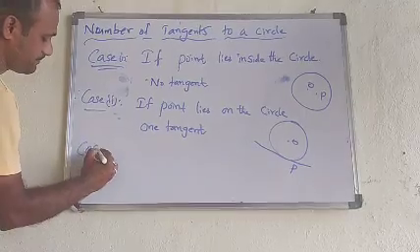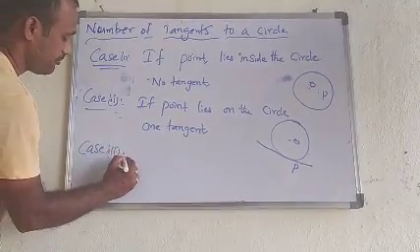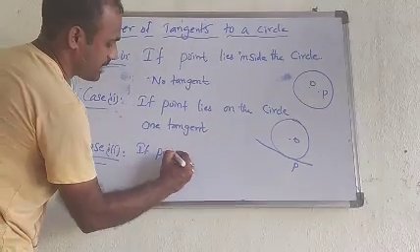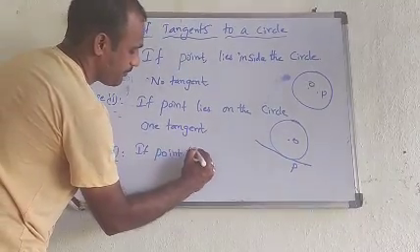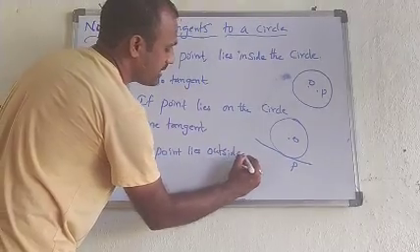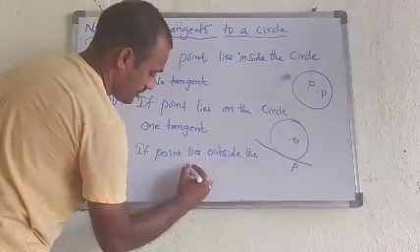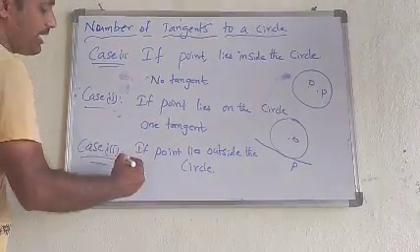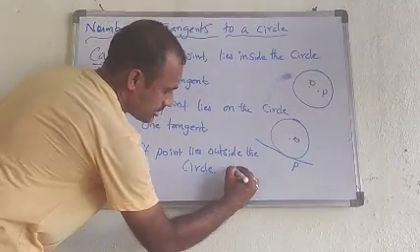Next, case 3. If the point lies outside the circle, then we can draw 2 tangents.